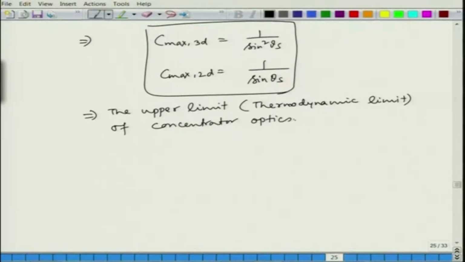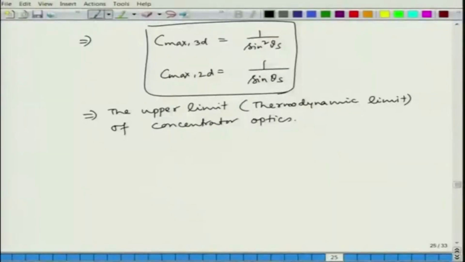So, this is a limit that can never be reached, because it requires that the receiver reaches the same temperature as the sun, which is impossible to achieve. A never achievable limit which can be used to compare the different concentrator optics.